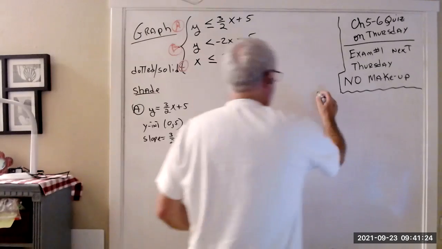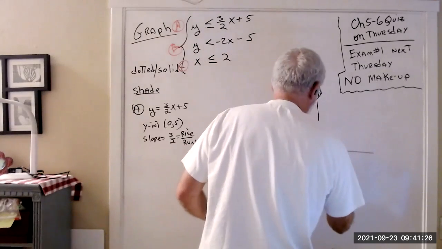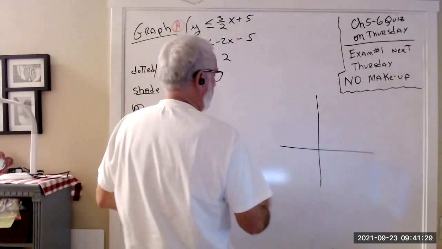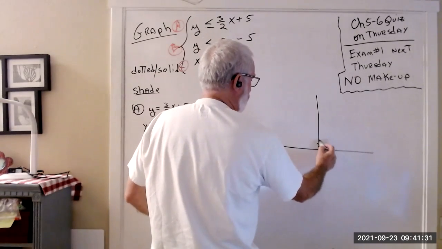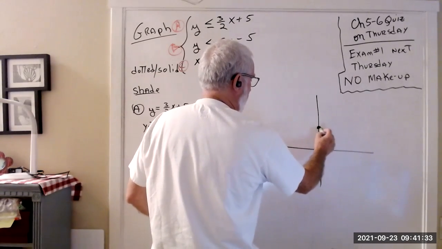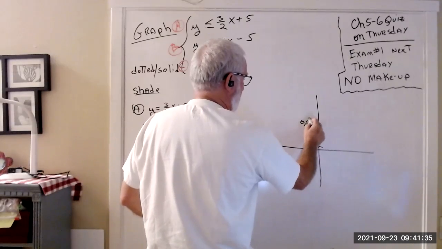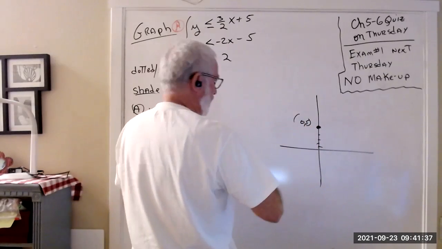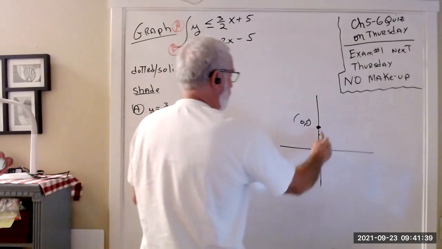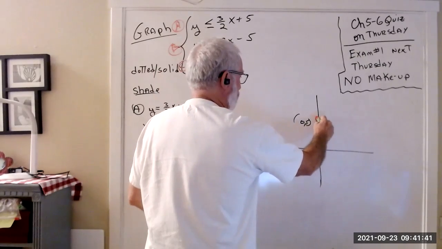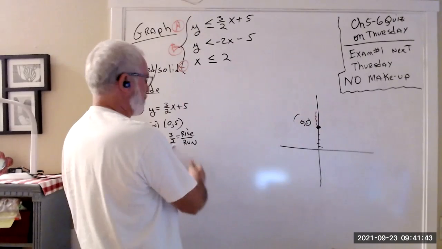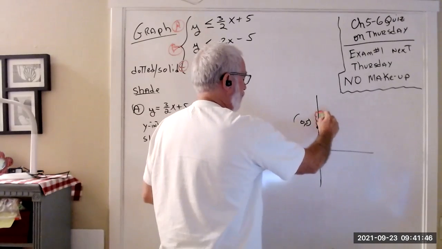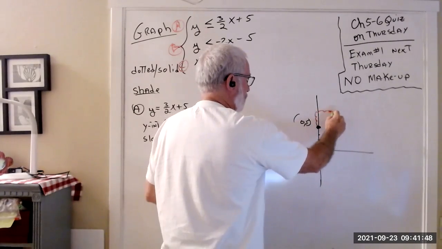So we go to our graph paper, and we go to (0, 5), roughly right about there. From there, we rise 3, run positive 2.